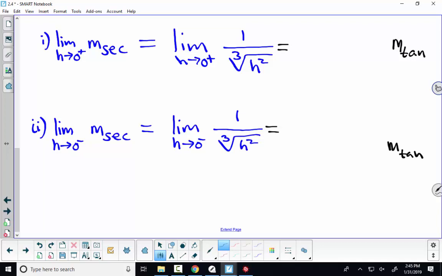So that's what we're going to use to interpret our results. Whatever we're calculating is the slope of our tangent line. Specifically, the slope of our tangent line at what point?